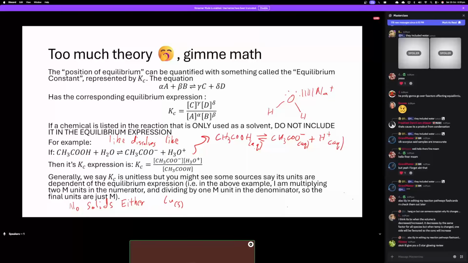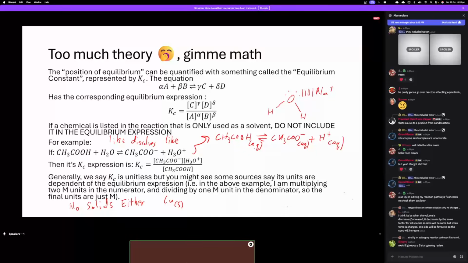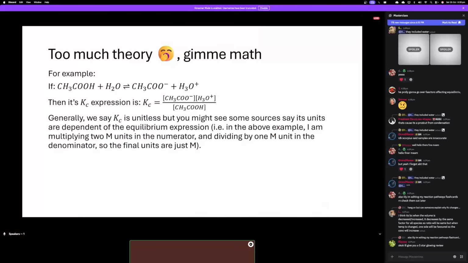Question about when water is one of the reactants, we don't include. When water is, wait, water's on the reactants. I'm not 100% sure what you mean, Johannesburg, but if I just have a combustion reaction, for example, I will produce some water vapor.